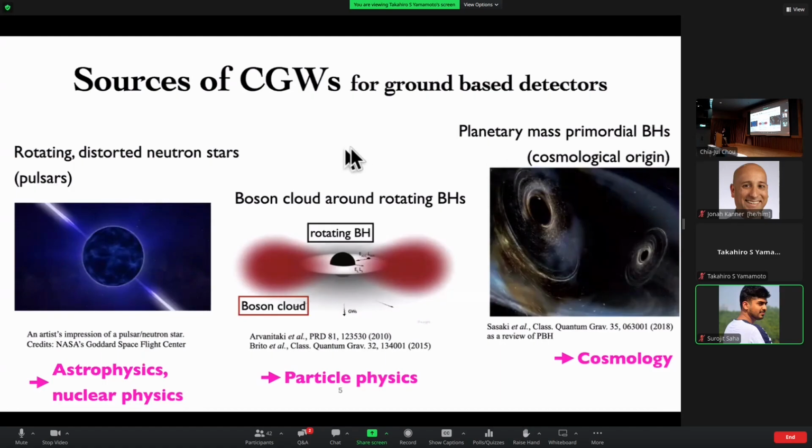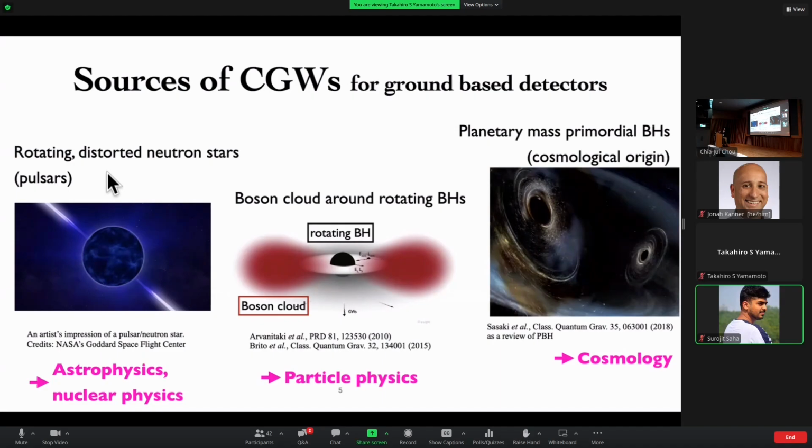They are detected as pulsars, which are seen as a radio pulse train with a very accurate, very stable period. And that comes from fast rotating neutron stars. And if these neutron stars have a small distortion, they will emit gravitational waves.